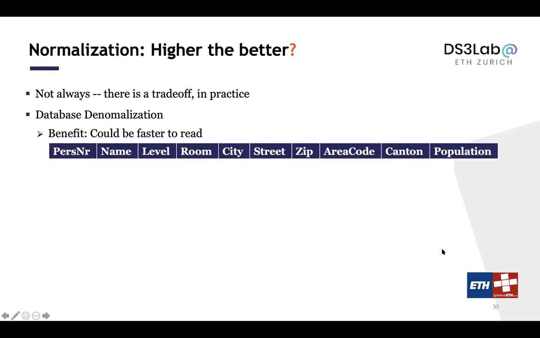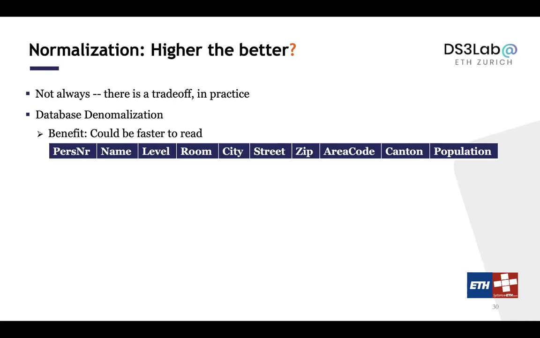Look at this example. You have a very huge table: personnel number, name, city, street, zip code, whatever. It's so ugly. There are so many different functional dependencies and so much redundancy in this relation, but it doesn't mean it's a bad one.